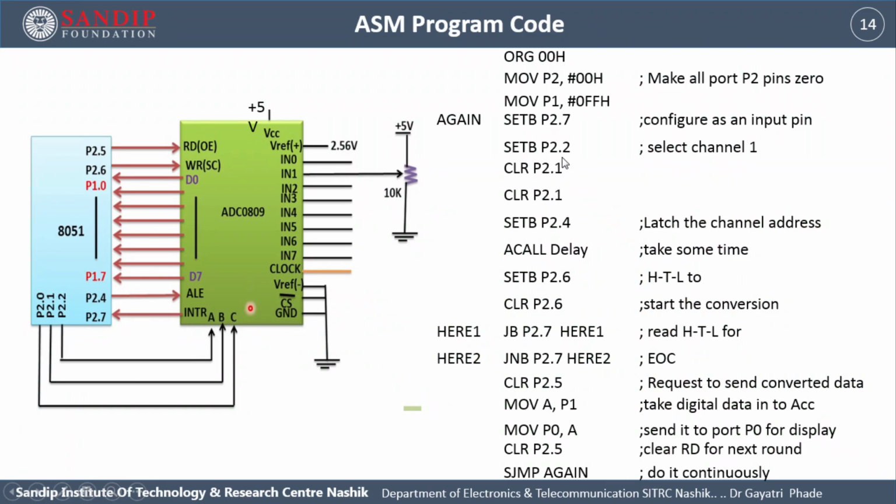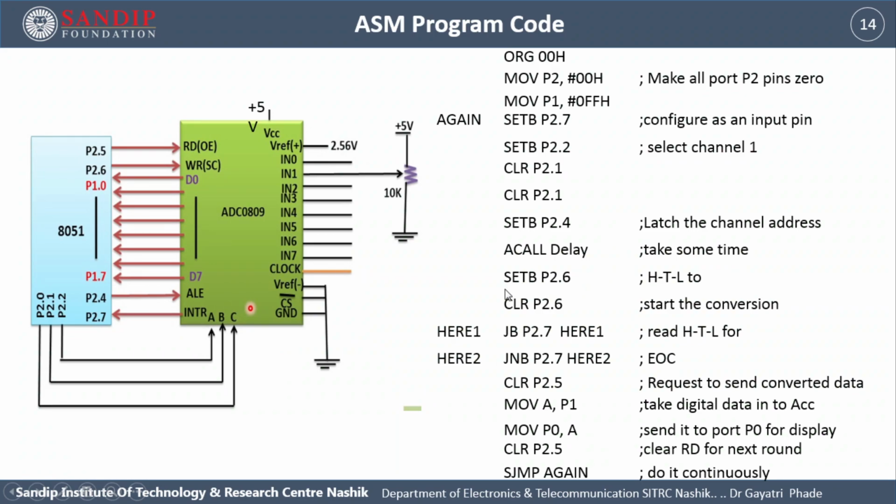In this way we have selected channel 1. Next, latch the address by giving a high signal to the ALE. P2.4 is connected to ALE, so a high signal is given to the ALE.